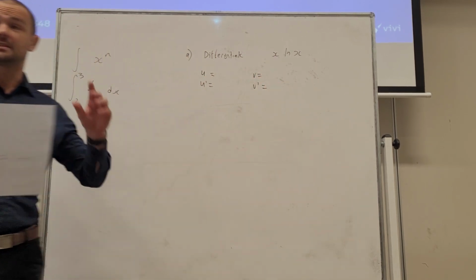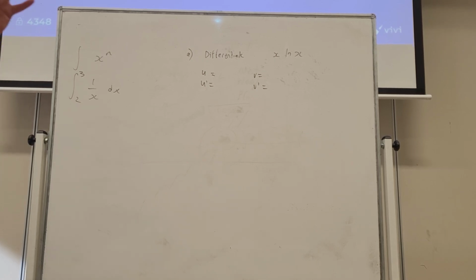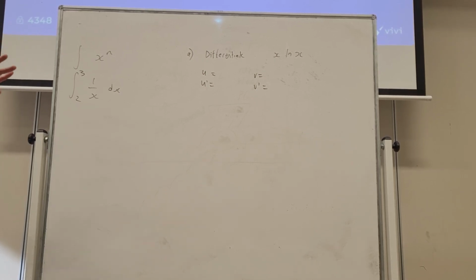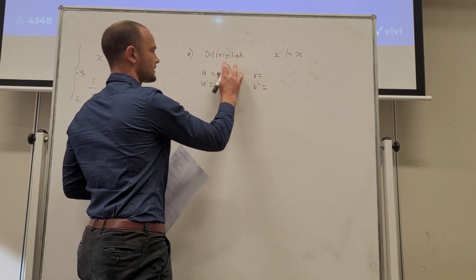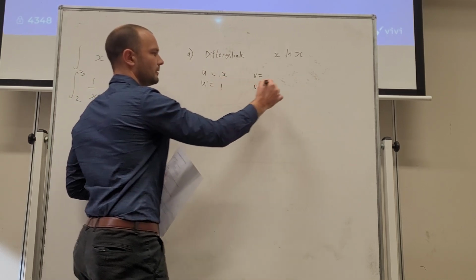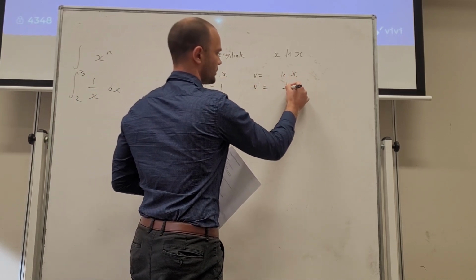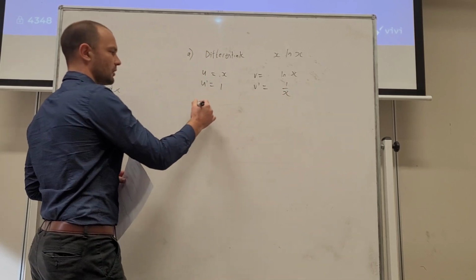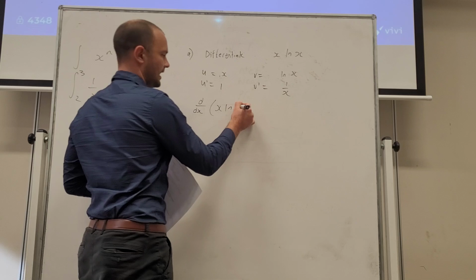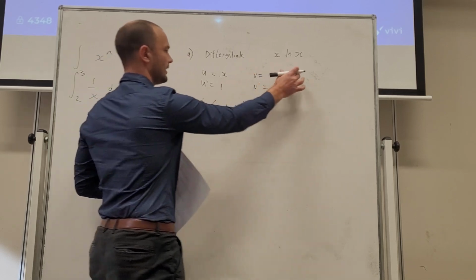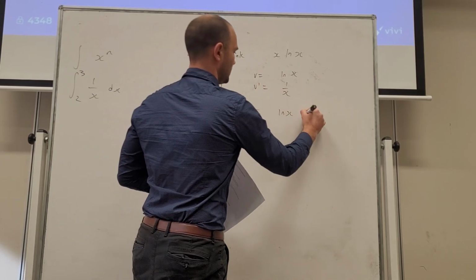So the point of this is to say there will be a bit of differentiation that pops up here. So if we have u is x, u dash will be 1, v is ln of x, and v dash is 1 on x. And if we smash those together, the derivative of x ln x will be ln x plus 1.